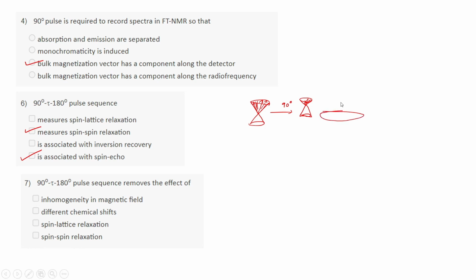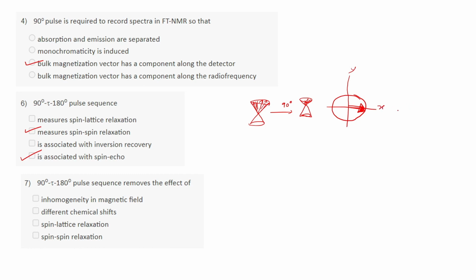Maybe I will draw it better. So in the xy plane, the bulk magnetization will look something like that, right? This is your y-axis and this is your x-axis. This is your bulk magnetization vector.